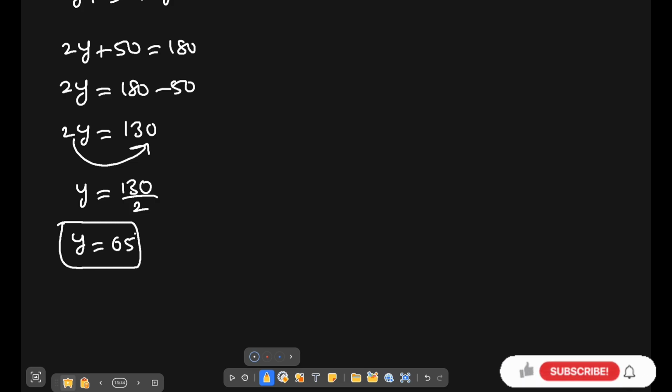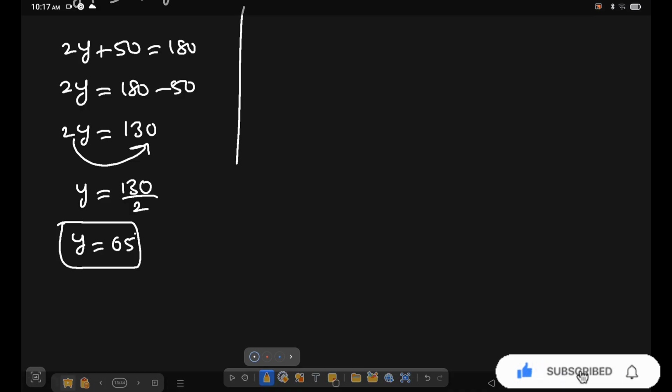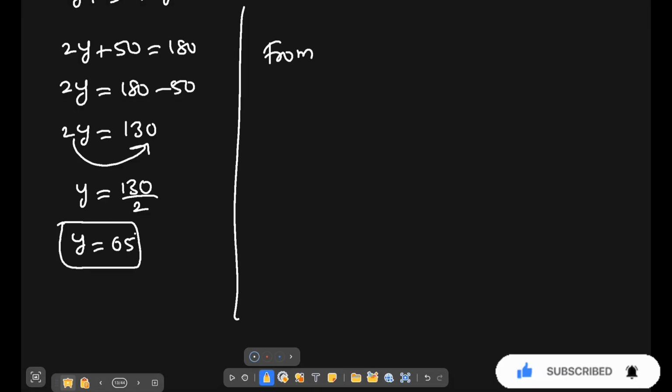To find the x value, let's take equation 2. From equation 2, what can you write? x is equal to y plus 50. We got y as 65, plus 50 degrees.